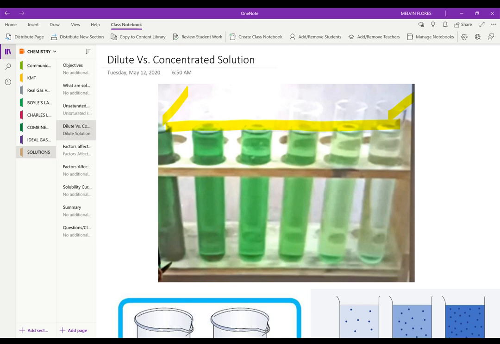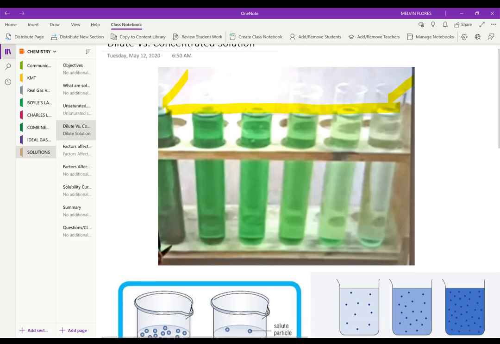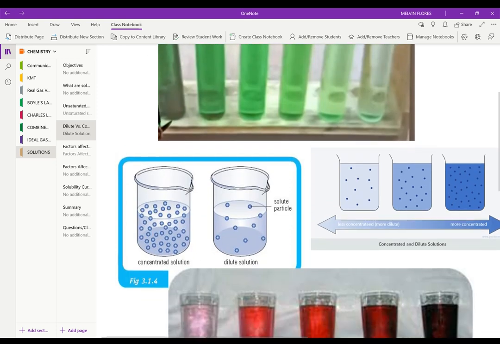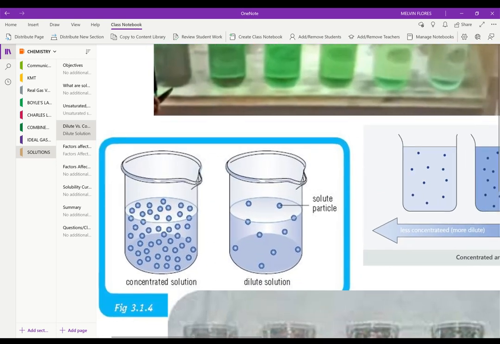We have what we call dilute and concentrated solutions. In a concentrated solution, there are more particles of the solute, while in a dilute solution, there are fewer particles of the solute. As you can see here, concentrated, from the word concentrate, means there are more particles of the solute dissolved in the solvent, compared to a dilute solution, which has fewer particles of the solute in the solvent.